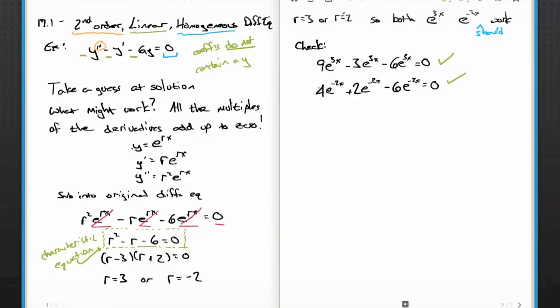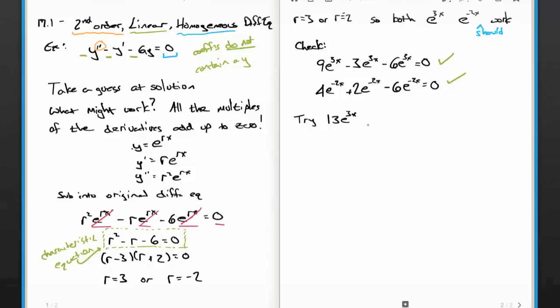So what about, let's see, is this the right page? Yeah, this is the right page. What if I tried, I don't know, something like 13e to the 3x? What a random thing to try.